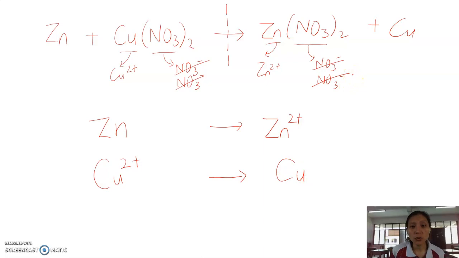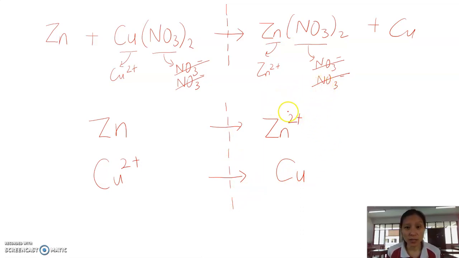Now we want to add in the e, which is important for half equations. So where would I put the e? e is negative, so that I can balance the charges between the left side and the right side. Remember, e is negative.